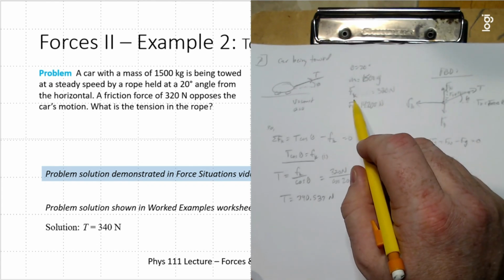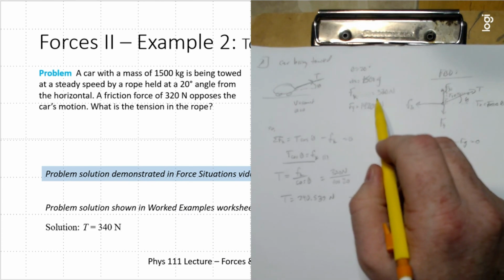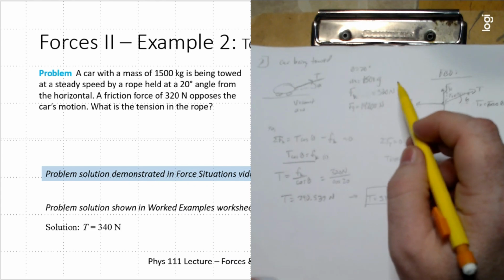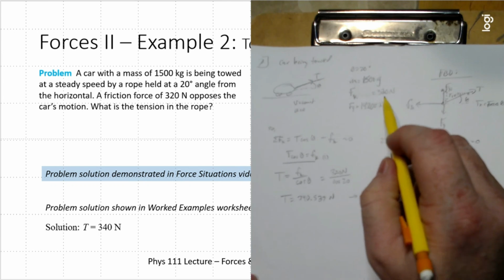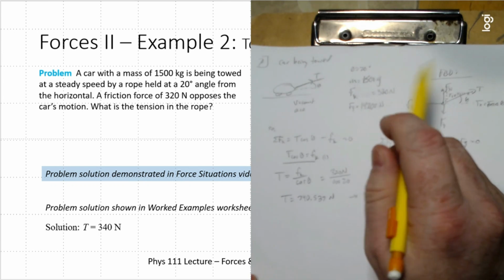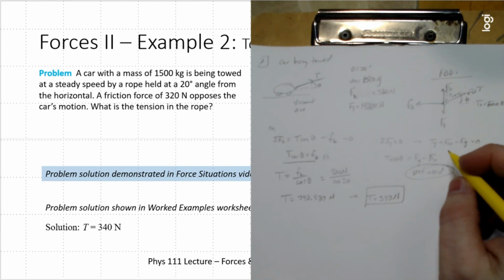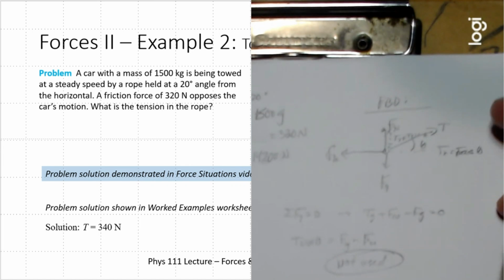We are given the kinetic friction in this case, which is 320. It doesn't say explicitly kinetic, but since it's moving and it's a complicated interaction that's leading to this, we'll just call it kinetic. And then the gravitational force, I just calculated that, m times 9.8, to give you 14,700 newtons.